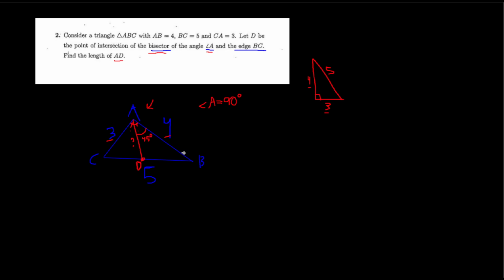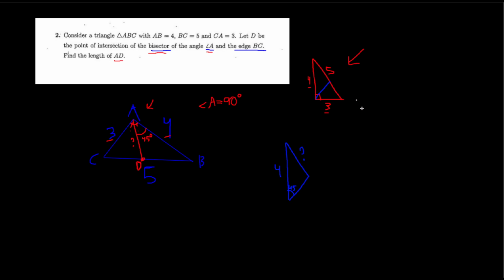So now, let's look at this one since I drew it to scale basically. We've cut this in half, and what we got is 45 degrees. So we have two triangles we could look at. One is the upper one, where this is 45 degrees, this is unknown, and this is 4.